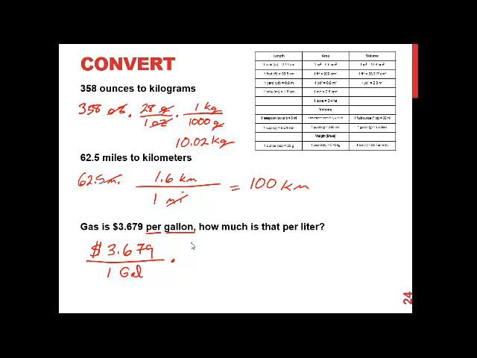So to get rid of them, I need to put some gallons in the numerator. 1 gallon is 3.8 liters. Now I can divide out my gallons. And what I'm left with is $3.679 over 3.8 liters. And if I do the math, I get that that is 97 cents per liter.